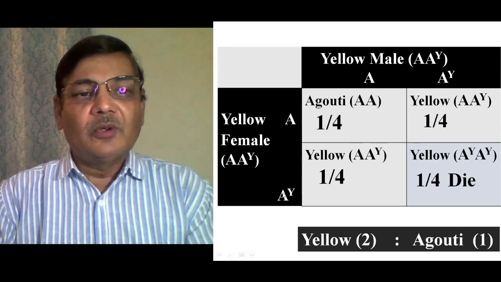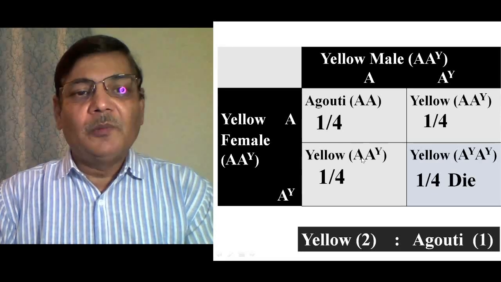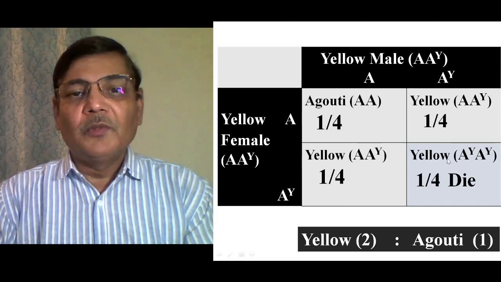Likewise, a gamete with AY fertilized with A gives genotype AAY, yellow. And this last one, AYAY, is also expected. Actually, this one is expected to be yellow, but what we observe is that only a 2:1 ratio is obtained.